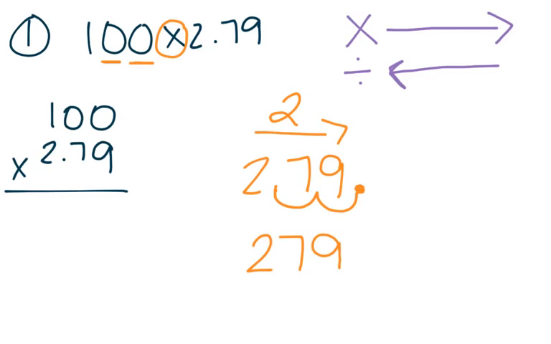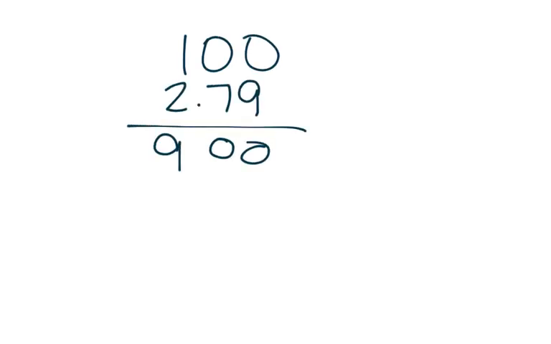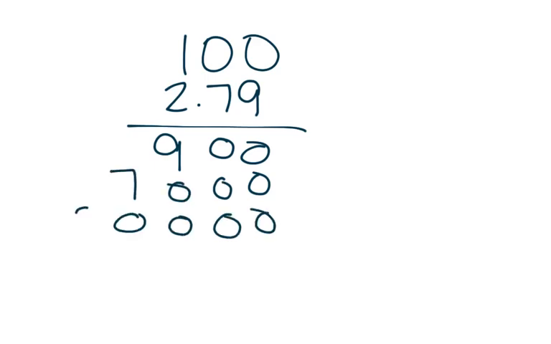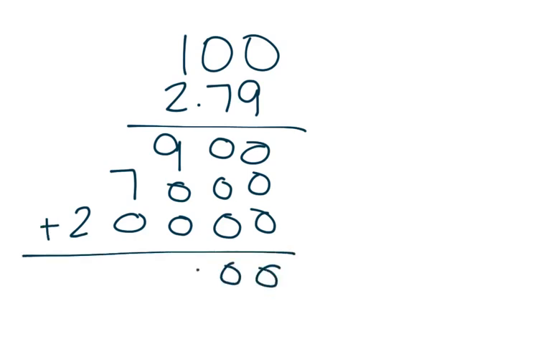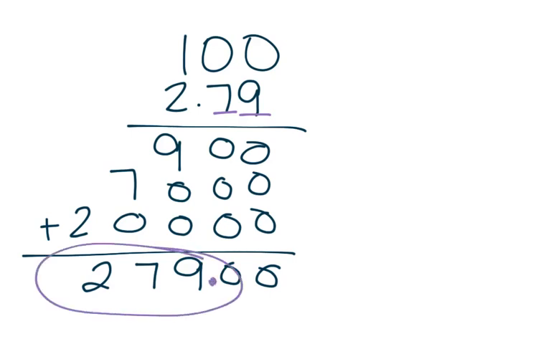All right, and we can check that by multiplying normally if you'd like to make sure you did it correctly. There we go. All right, and then you'll remember when multiplying, you count the numbers behind or to the right of the decimal. There's none in 100, there's 2 in 2 79/100, so there should be 2 to the right of the decimal in our answer, and it's 279.